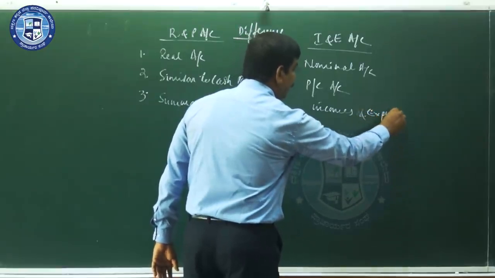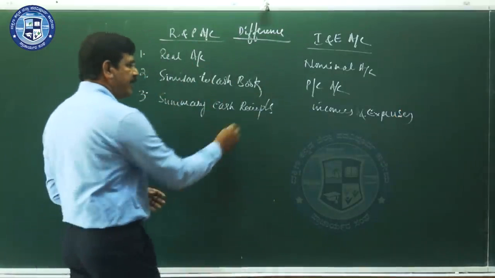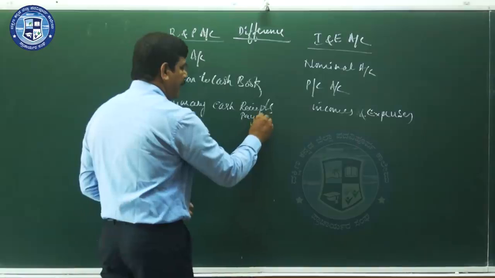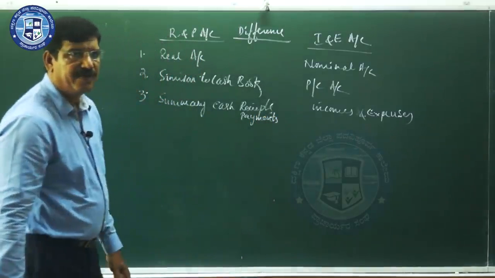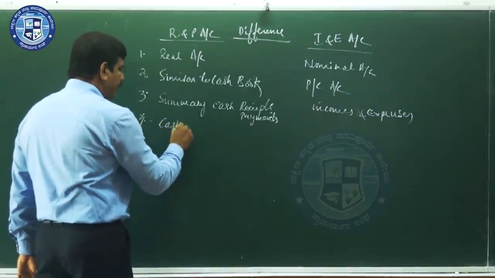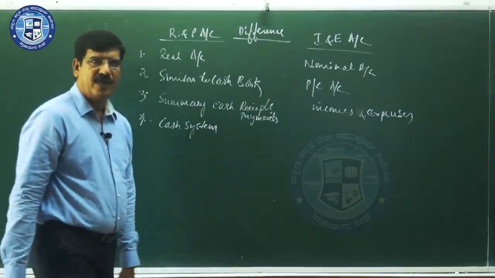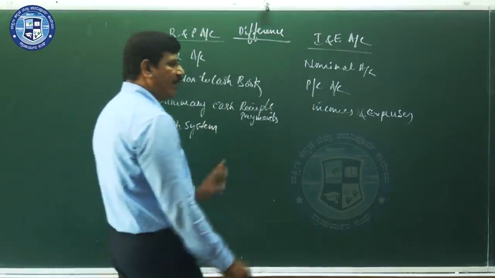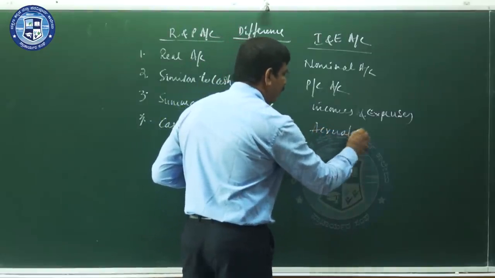The fourth important difference is it is prepared on the cash system of accounting. While preparing receipts and payments account, we follow the cash system, but income and expenditure account is prepared on the accrual system.